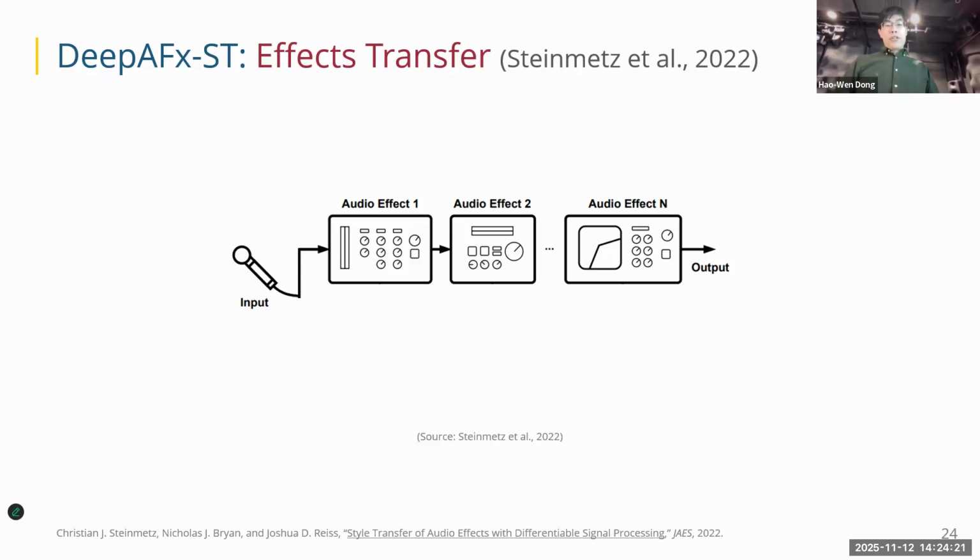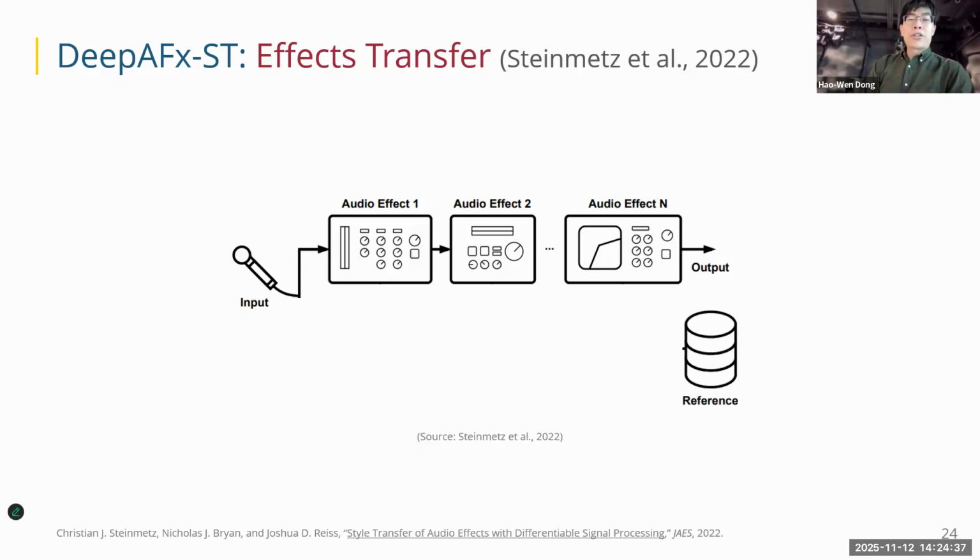So what they are trying to do here is that we have the inputs and we have some reference file. This file has the reverb or the sound characteristic that I want to throw my input to.